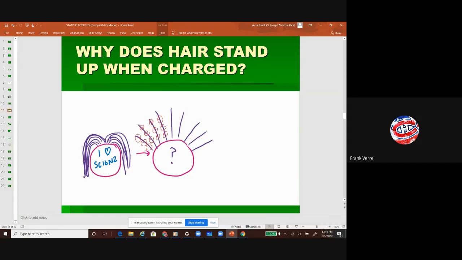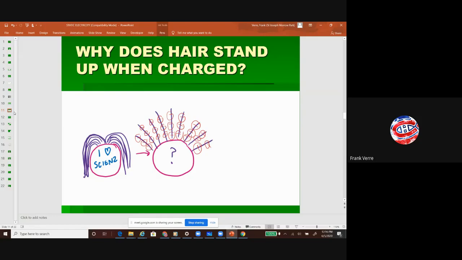Normally the hair follicles are right beside each other when neutral. That's fine, you comb your hair, whatever. But if they're charged, they're going to want to be as far apart from each other as possible. That explains why the hair stands up.